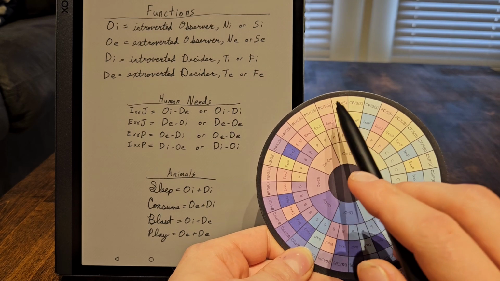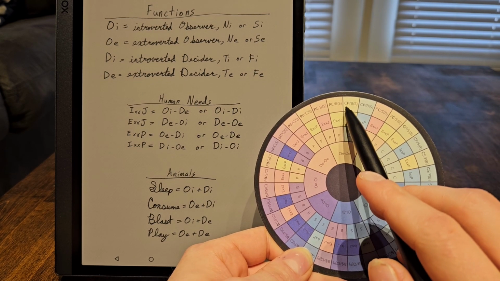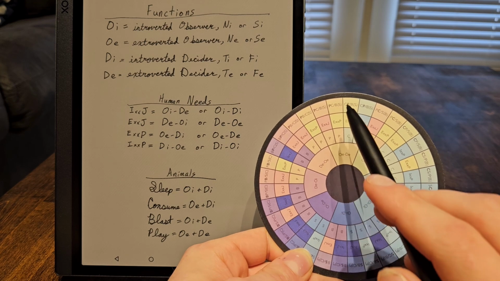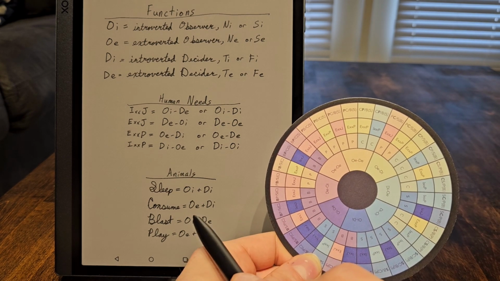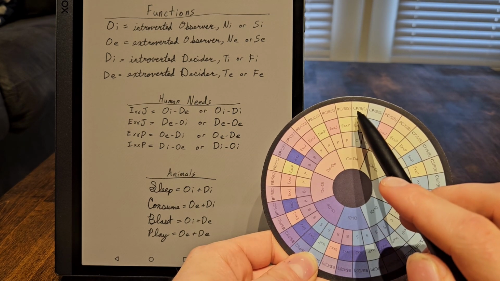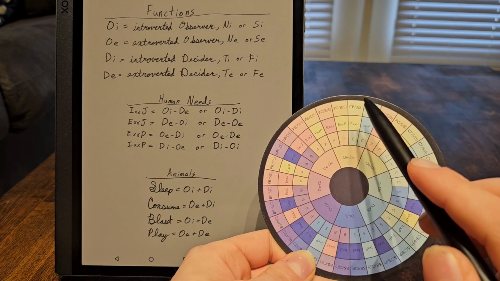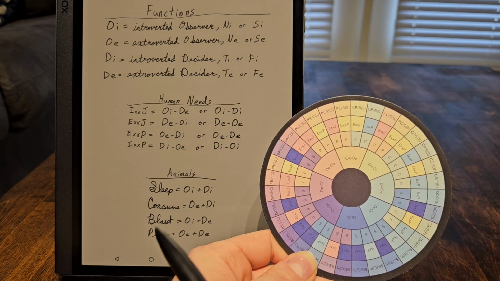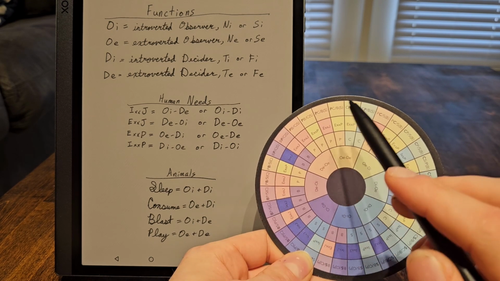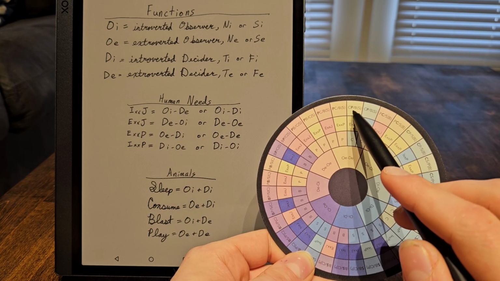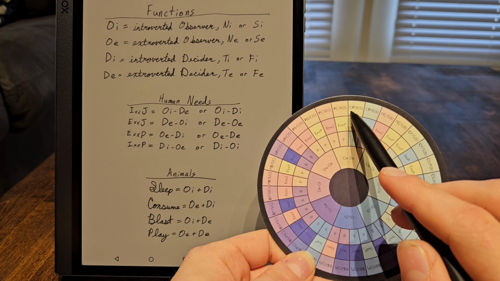I'll explain both. So if you think of it in terms of the first 3 animals, you have consume, which is OEDI. Then you have play, which is OEDE. Then you have blast, which is OIDE. And so that blast has DE in it, and that consume has OE in it.